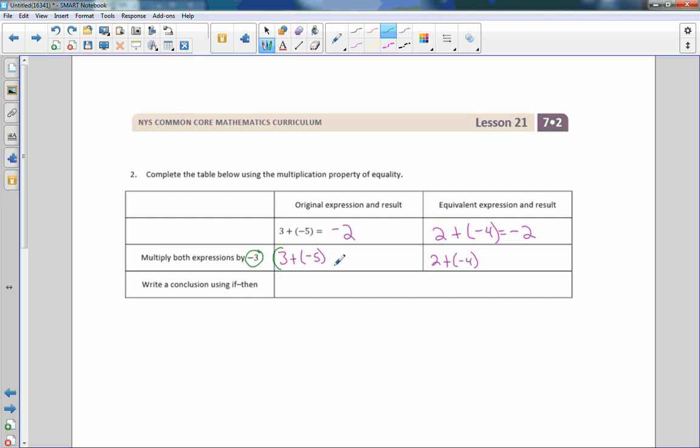So if I'm going to multiply the expression, I want to set up another set of parentheses and times a negative 3 here, and times a negative 3 here. So if this is 2, negative 2 times negative 3 equals a positive 6. 2 minus 4 is negative 2. Negative times a negative is positive. 2 times 3 is 6.